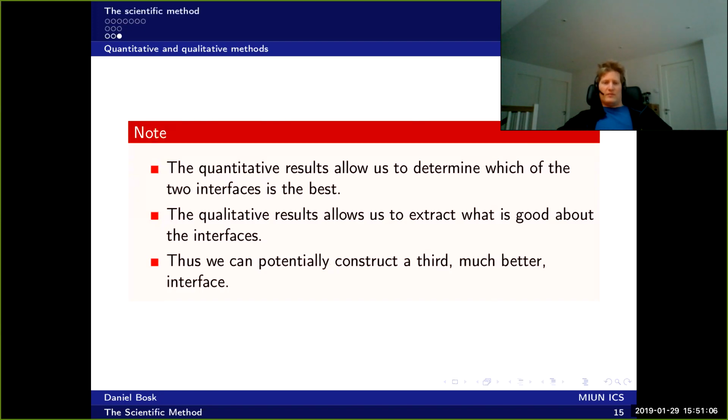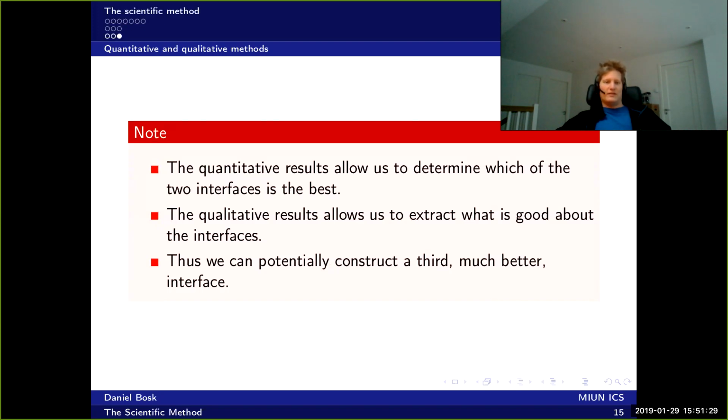With the quantitative measure, we can see which one turns out to be slightly better, whereas the qualitative results might allow us to extract the best things out of both interfaces and construct a third interface which might actually be much better.